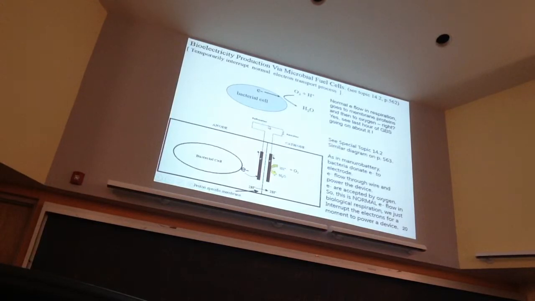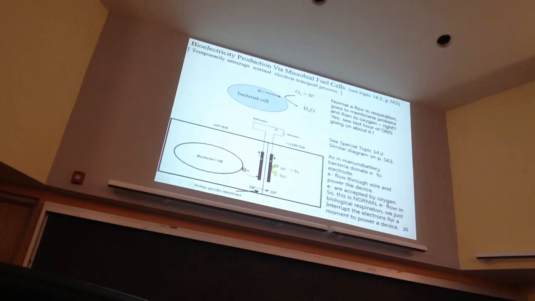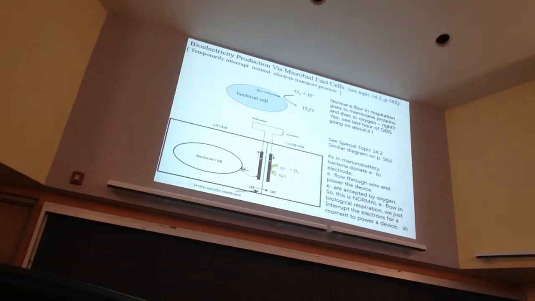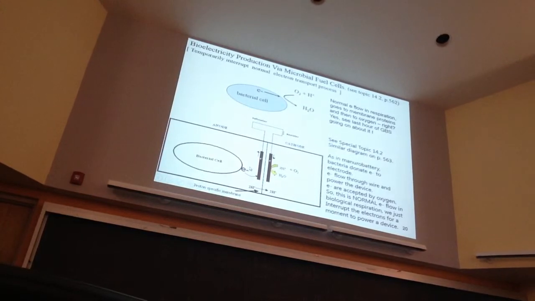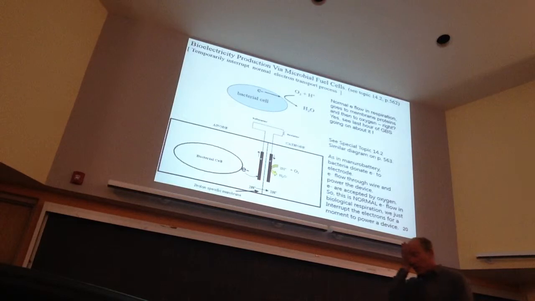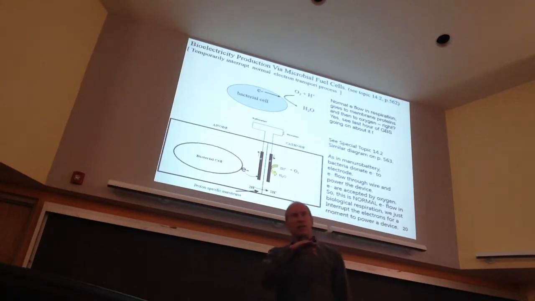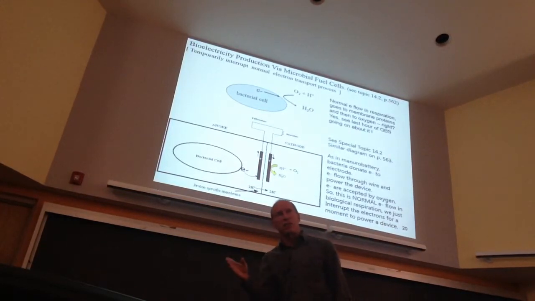The guy on page 562 has a light bulb. And those electrons continue flowing where? Well, to the cathode where oxygen is. And so all we're doing is interrupting for microseconds, not even that, nanoseconds, the flow of electrons to oxygen.